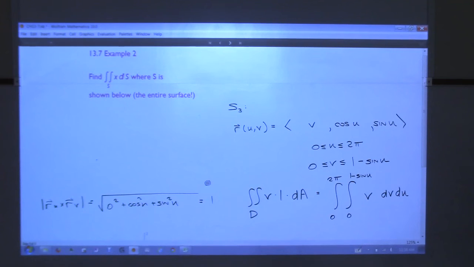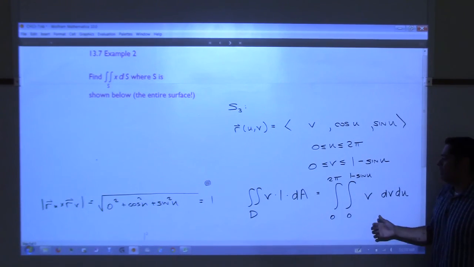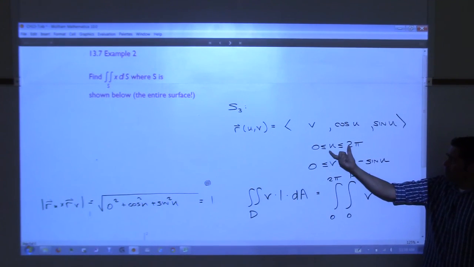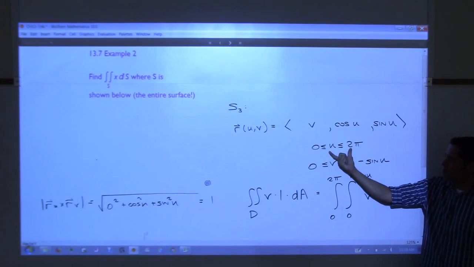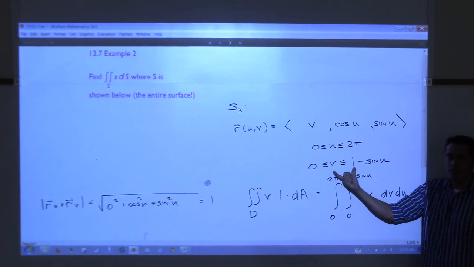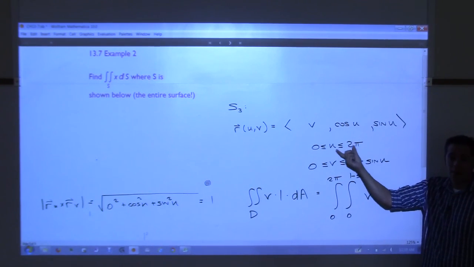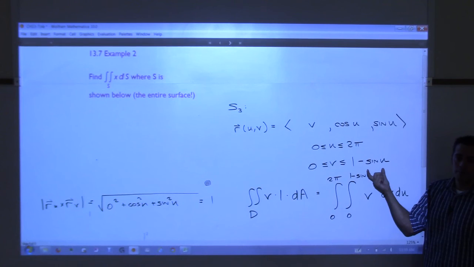Would a big rule of thumb be that if there's a variable in the boundaries, it's going to be integrated first? It's not optional. If one of your variables is restricted between two constants and the other is somehow a function of that variable, that has to be the inner integral.